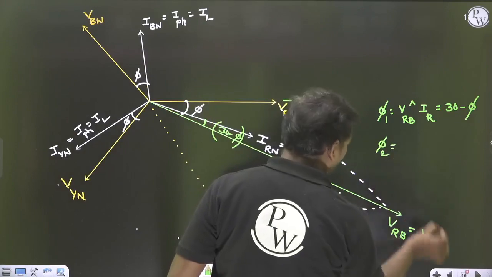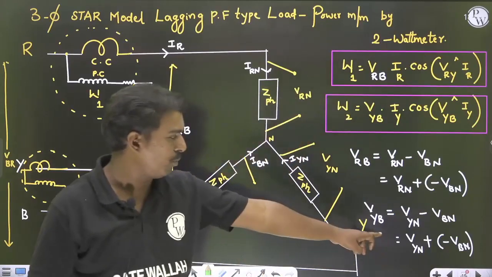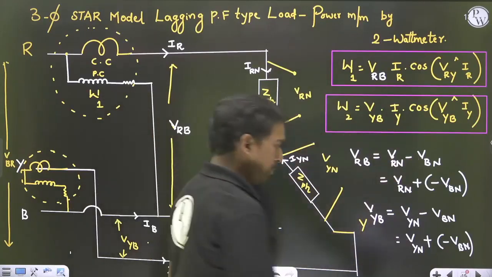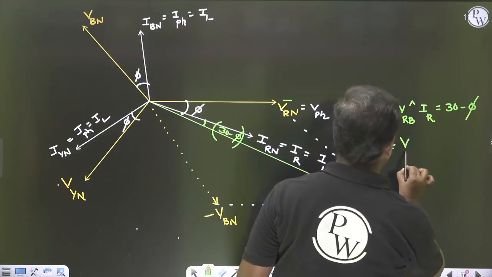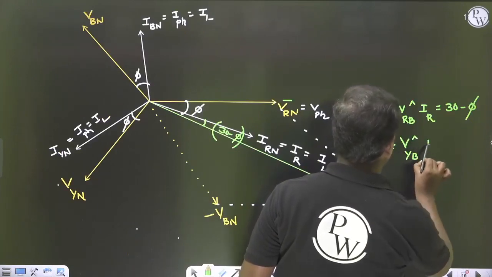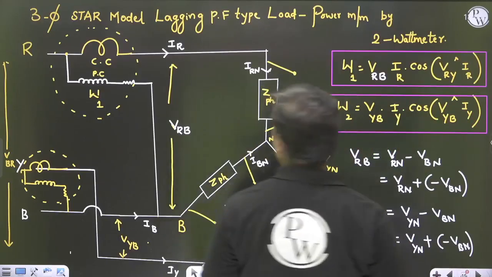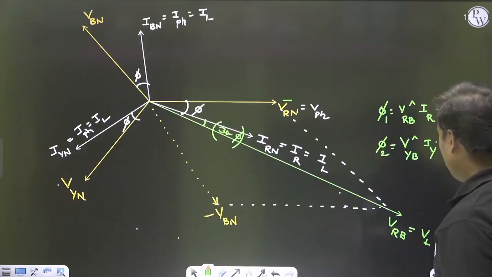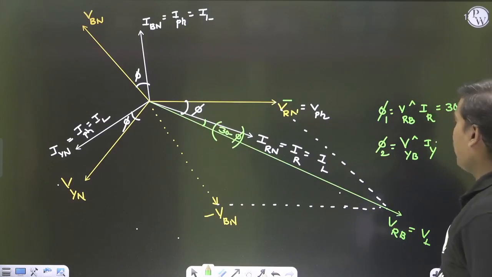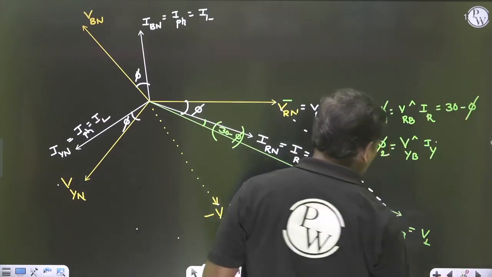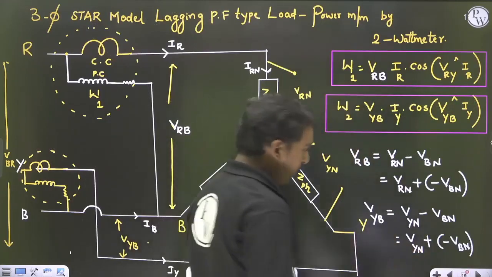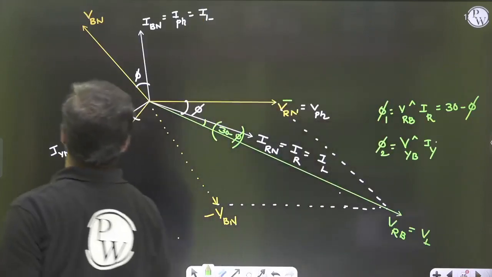Now the second thing, I want phi 2. Phi 2 is the angle between VYB and IY. So how to get it? VYB means what? VYB means VYN plus minus VBN. So this is VYN.